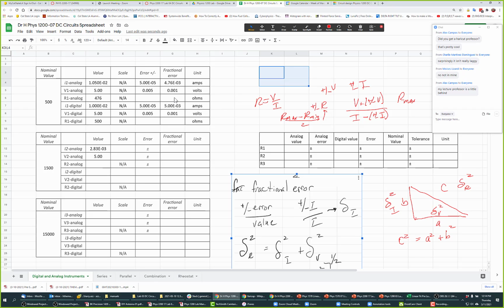So that means that the fractional error on R is equal to the square root, open parentheses, of the fractional error on I squared, plus the fractional error on V squared. Oh, I forgot to put the 2. And so now I've got a fractional error there.